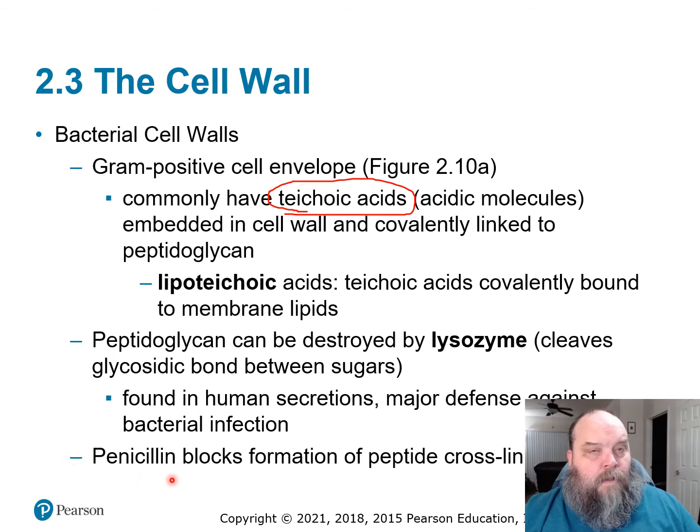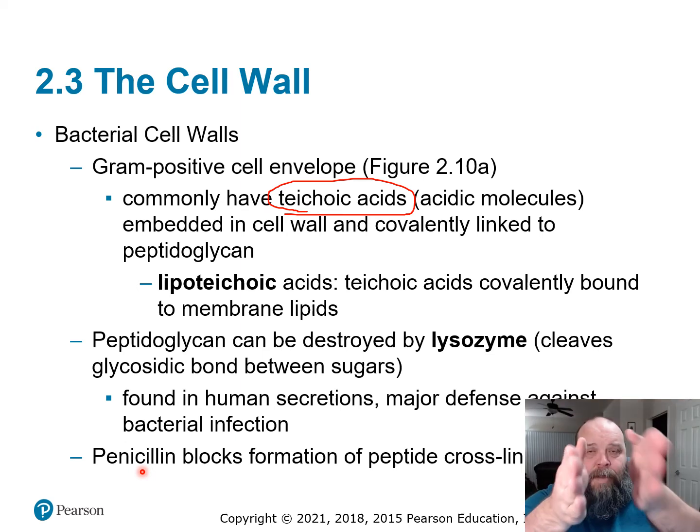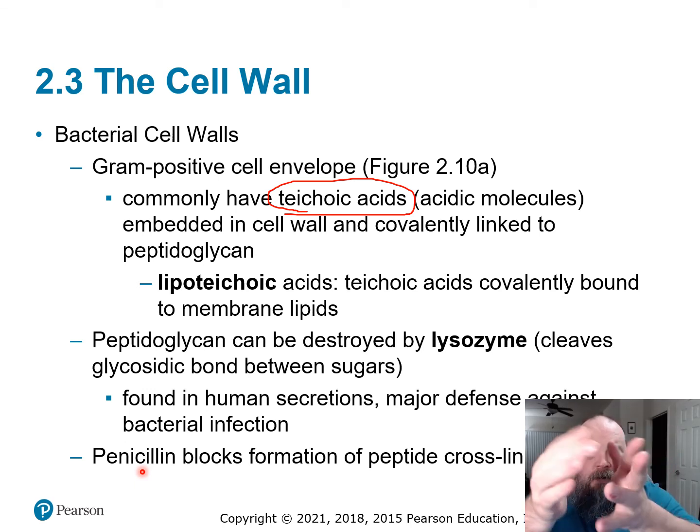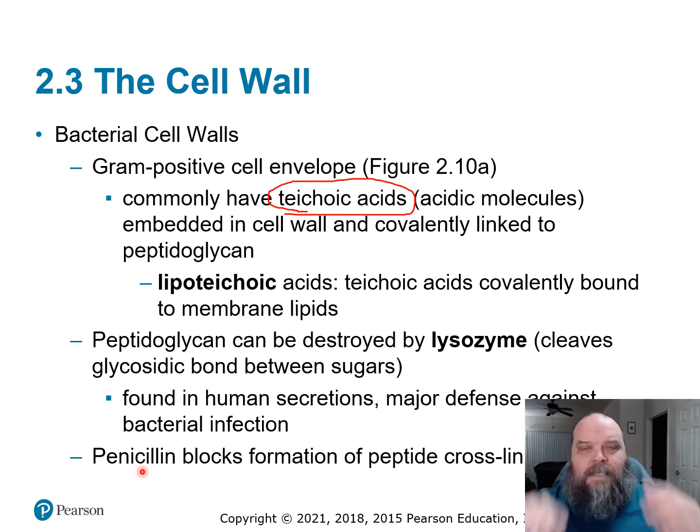Interestingly enough, one of our original best loved, best used antibiotics targets cell wall synthesis. Penicillin goes and interferes with that cross-linking by the tetrapeptides. So you'll get all of these NAG-NAM polymers, but since they can't link together, they're all flexy-flexy.